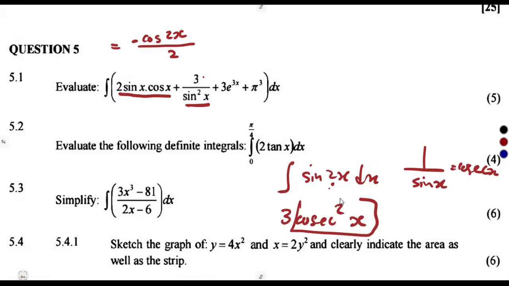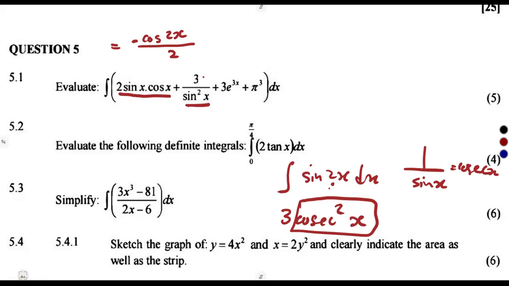We haven't integrated, I'm just saying what it means, the 3 over sine squared. It means 3 cosec squared. So if it means 3 cosec squared, guys, what is the integral now? That is the question of cosec squared, because we are used to those integrals.